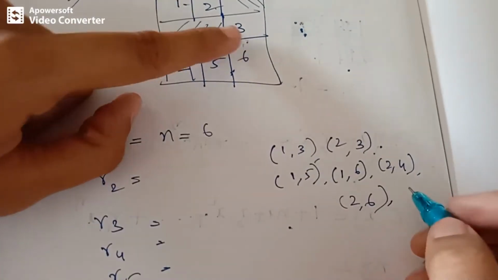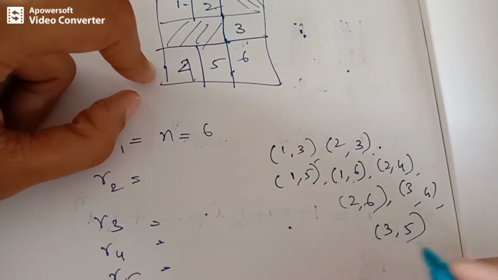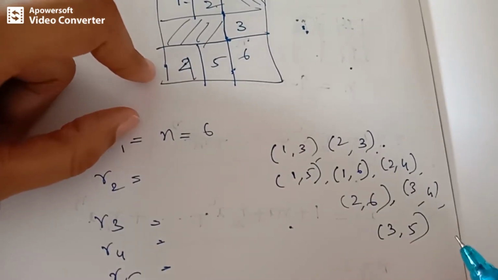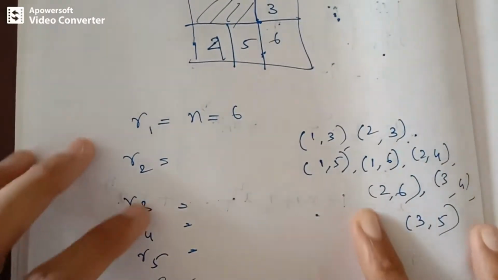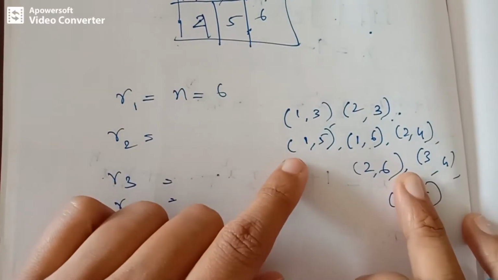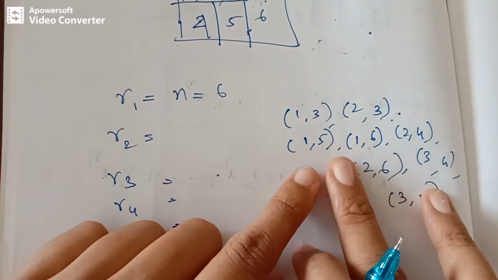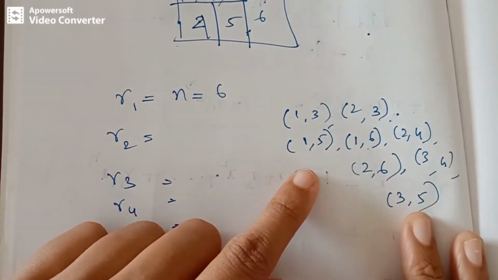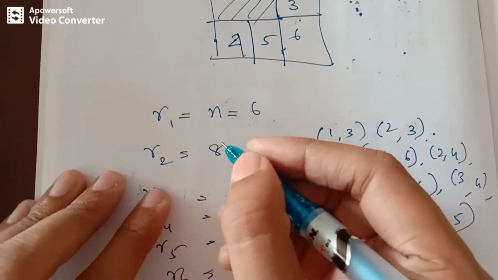Likewise 3-4 and 3-5. So here we have found R2. These are the pairs in which we can have two non-capturing rooks. There are 8 such pairs, so the value of R2 is 8.